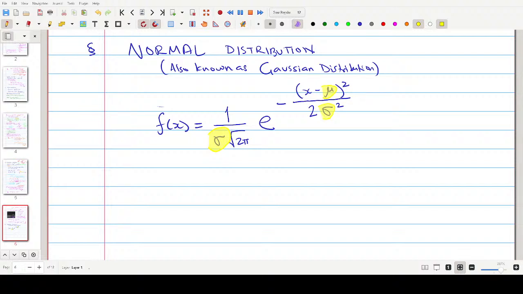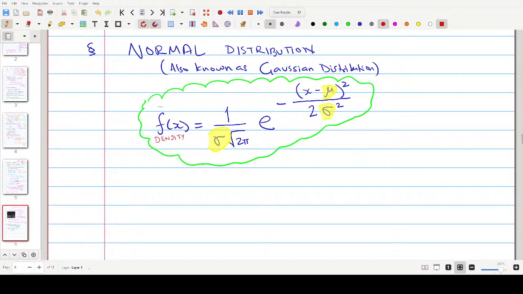This is the formula for our normal distribution. It's a really beautiful formula, but quite dangerous and intimidating if you're learning it for the first time. This f of x is called the density function.